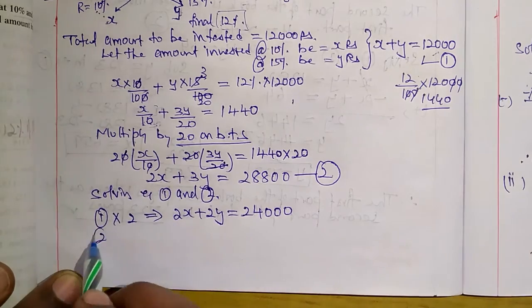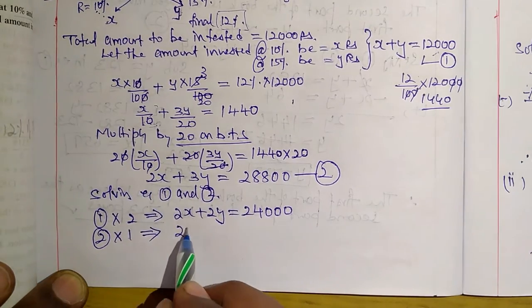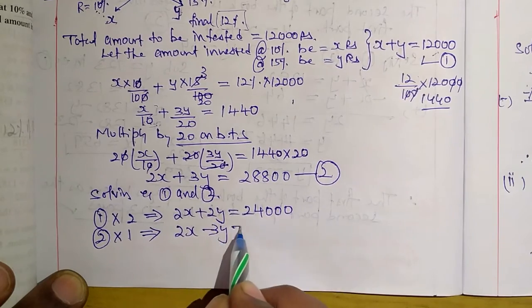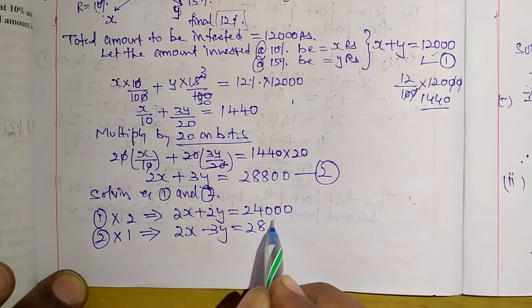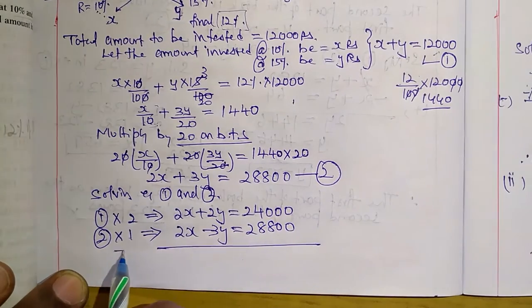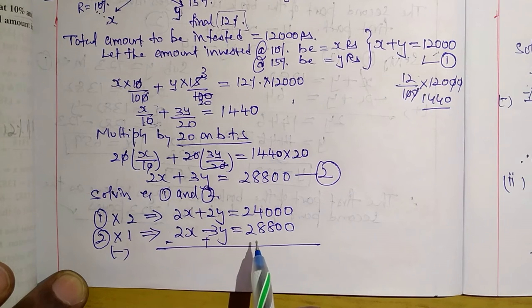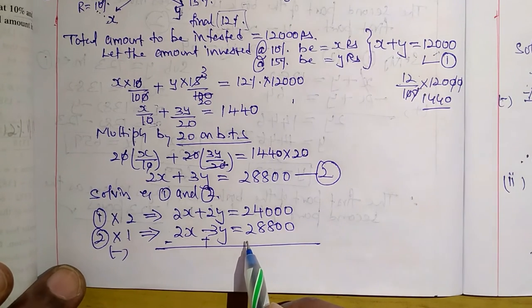I will write equation 2 as it is: 2x plus 3y is equal to 28,800. Now I have to subtract.